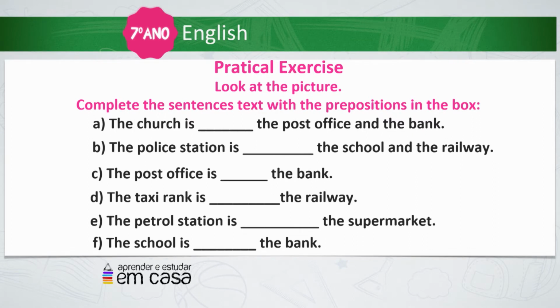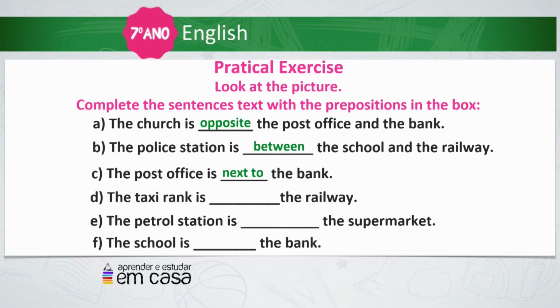The church is opposite the post office and the bank. B. The police station is between the school and the highway. C. The post office is next to the bank.